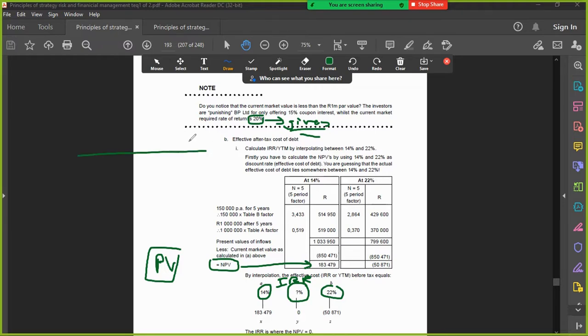So for example, if I draw the loan was $1 million, right? And we're going to have coupons of 150,000 every year for 5 years. Do you agree? Yes. Okay.